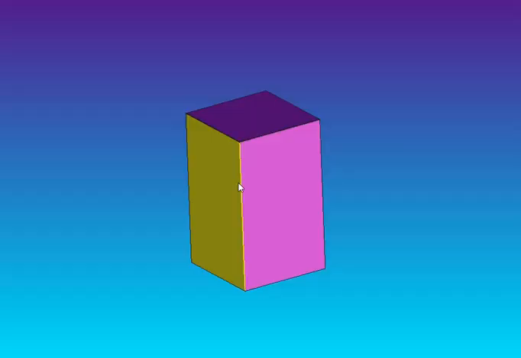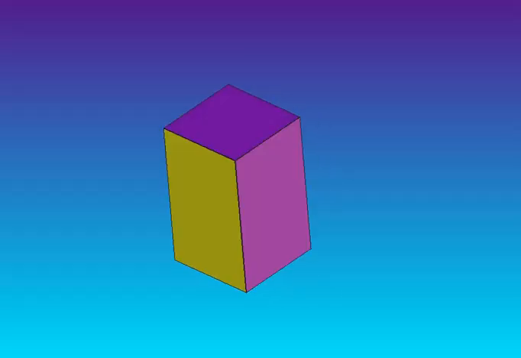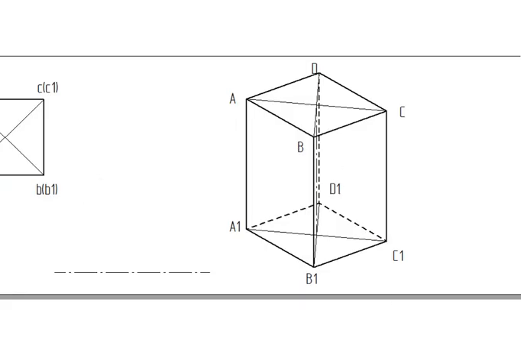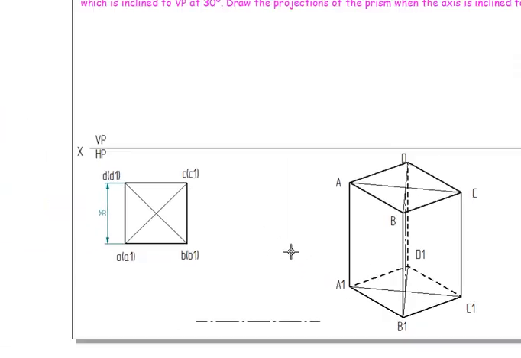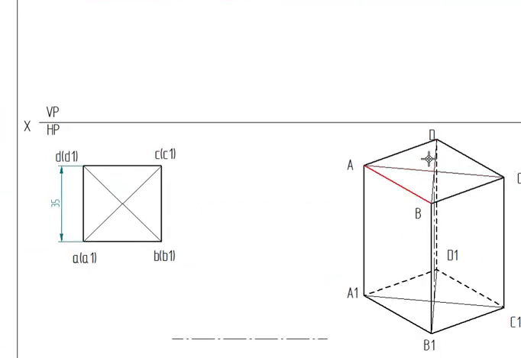Now we are going to see the top view. In the top view, A is seen, B is seen. If I look from the top, A, B, C, D is seen, and A1, B1, C1, D1 is not seen. Now we find the axis when this is the top face, A, B, C, D seen.